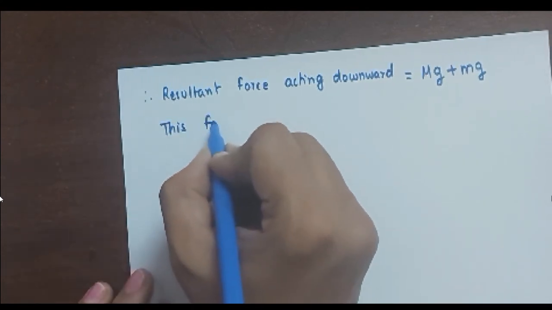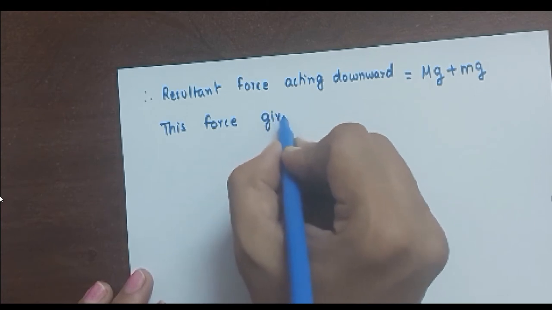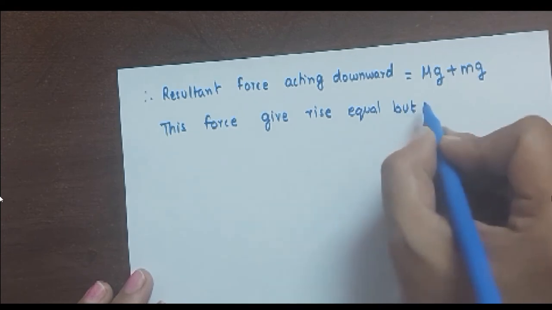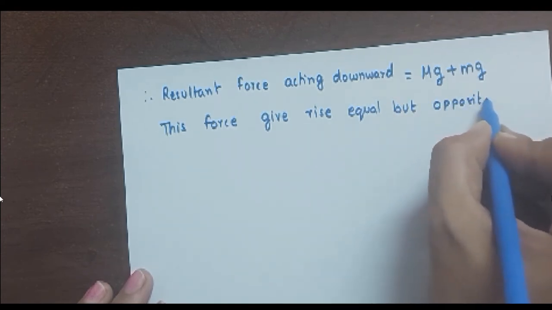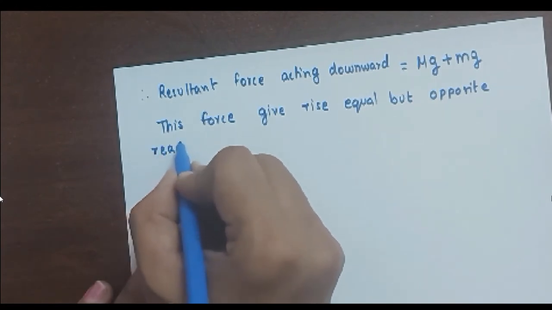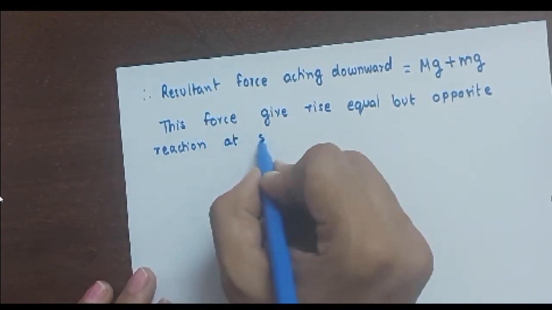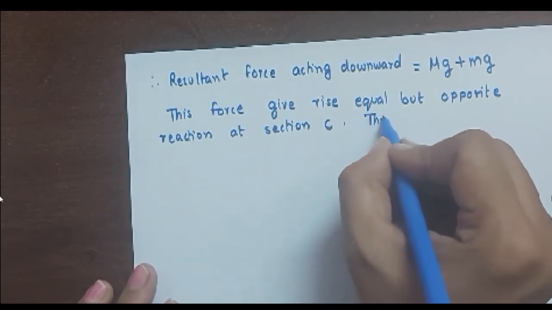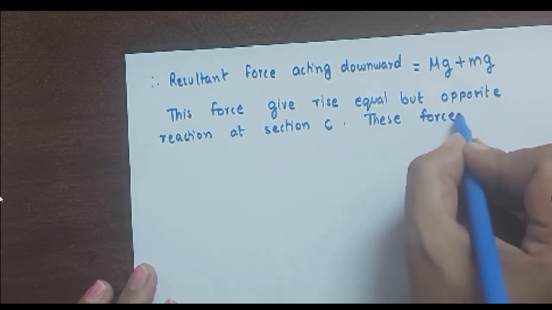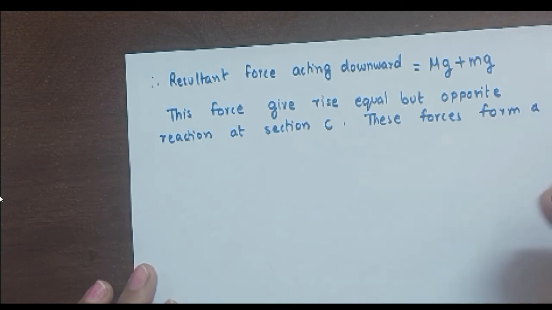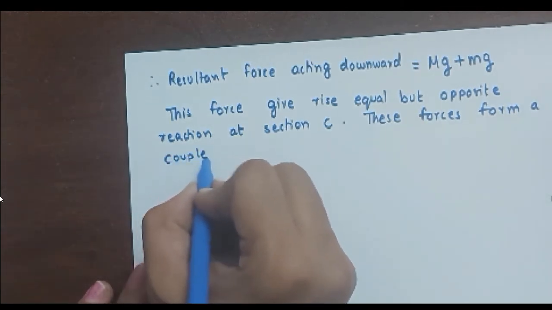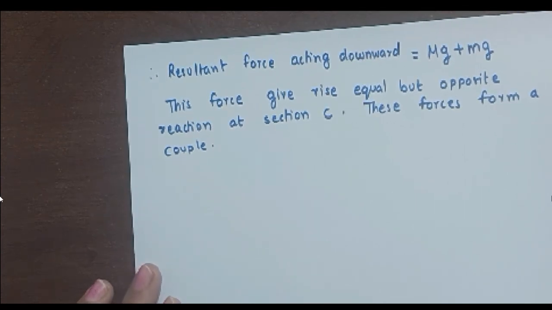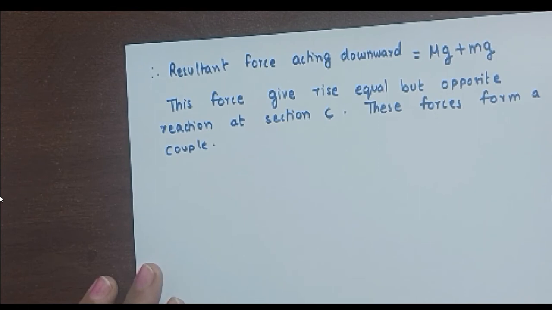This force gives rise to an equal but opposite reaction at section C. So these forces give rise to an equal but opposite reaction at section C, the center C, where these forces form a couple.